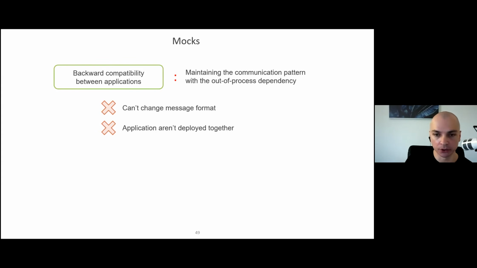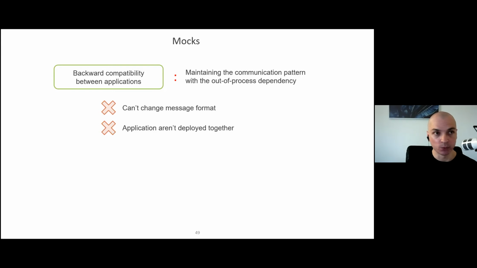This requirement of backward compatibility stems from the inability to deploy those applications together. Let's say your application and this downstream application are developed by different teams in your company, and they might have different deployment schedules. Because of that, you cannot deploy them together.